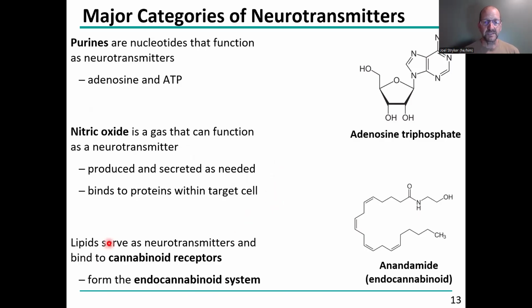And then there are some lipids that can serve as neurotransmitters. They bind to the cannabinoid receptors as part of the endocannabinoid system. Endocannabinoids are basically the system that cannabis, basically marijuana, THC, what those chemicals act on, they act upon that endocannabinoid system.